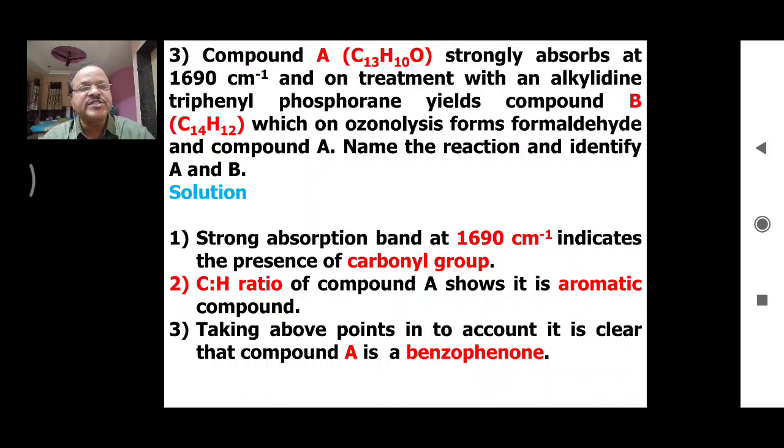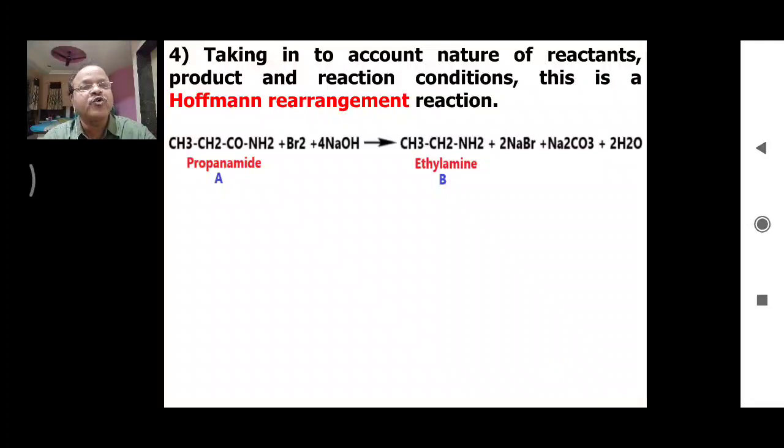When such is the case, that indicates the compound must be aromatic in nature. So compound A must be an aromatic compound. Taking the above points into account, it is clear that A is a benzophenone.